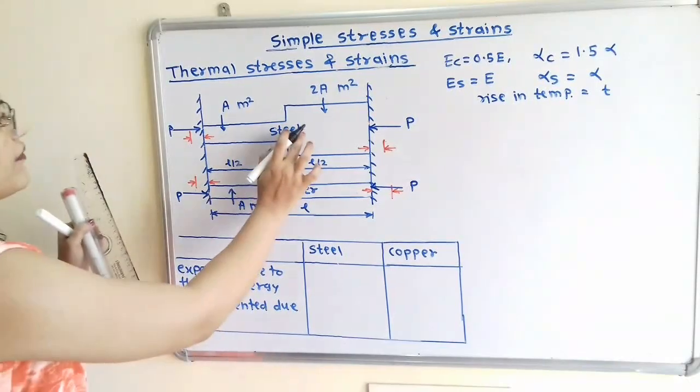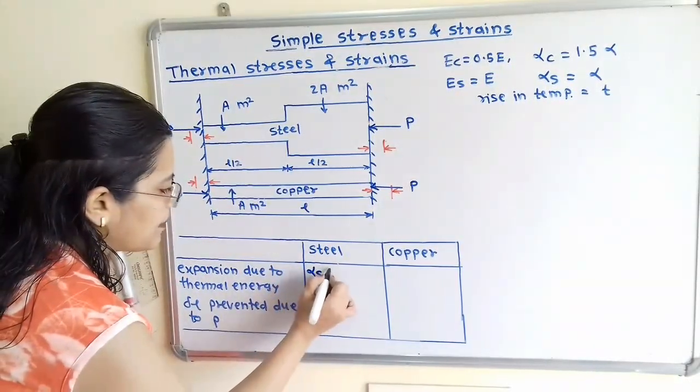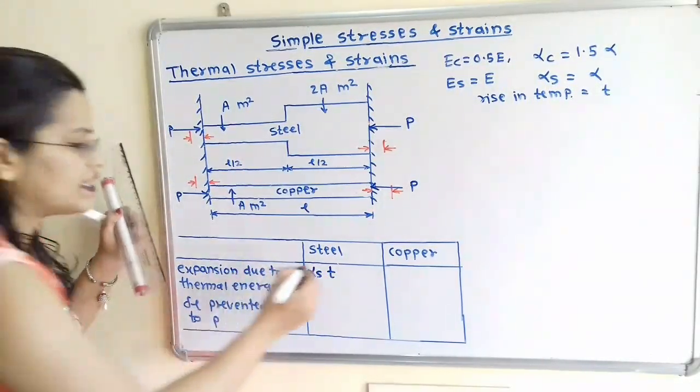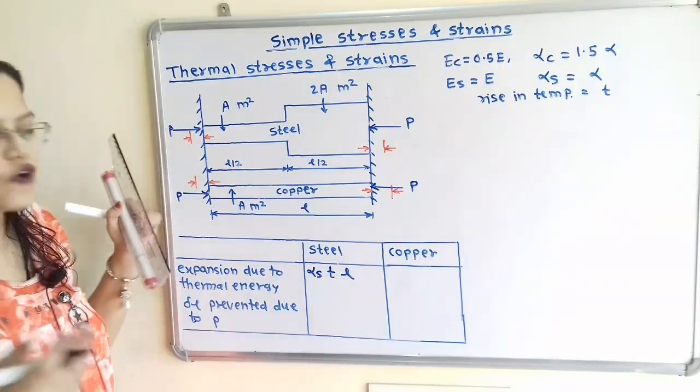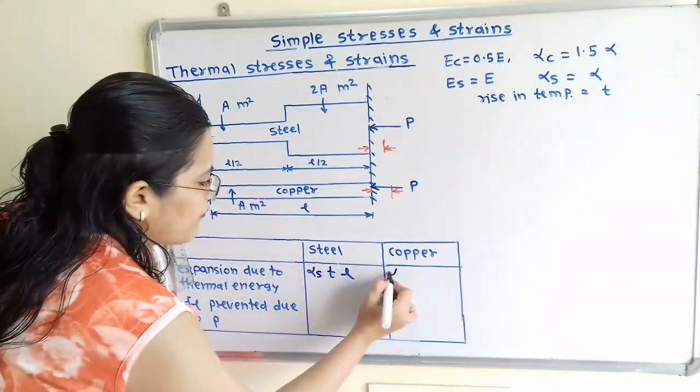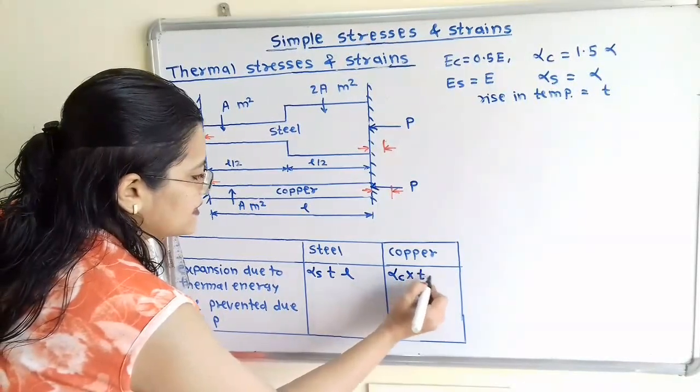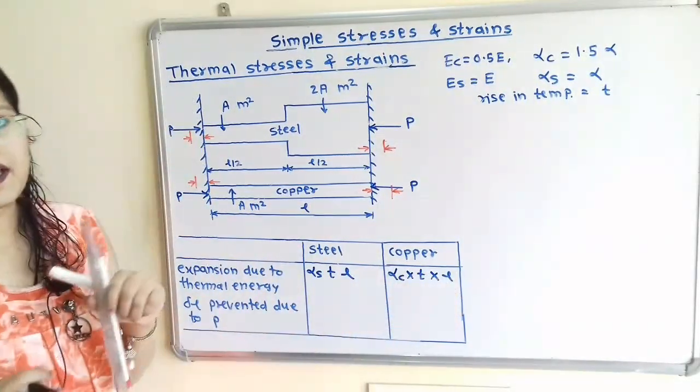For steel we write alpha S multiplied by rise in temperature T multiplied by L. For the copper bar we write alpha C multiplied by rise in temperature multiplied by L.